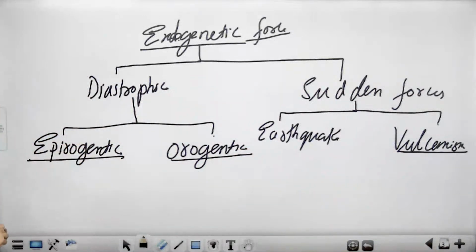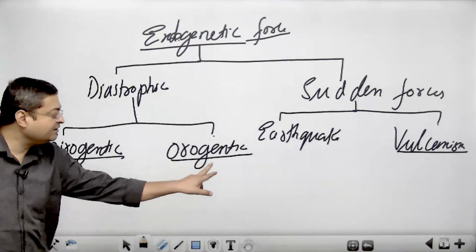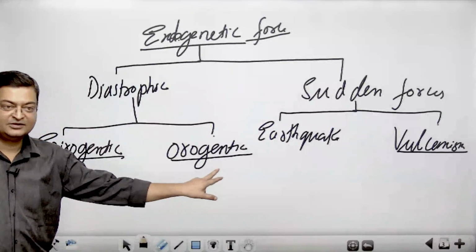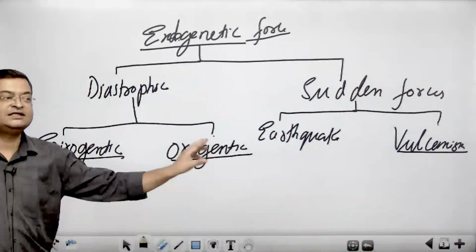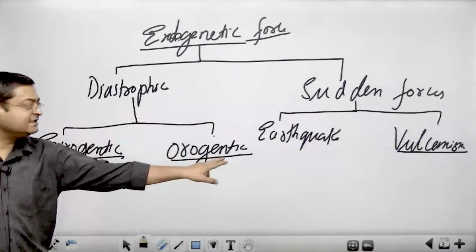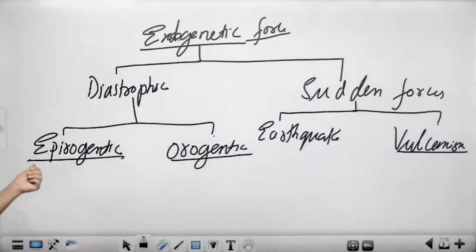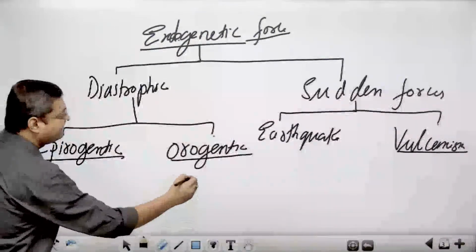Epiro means making up of the continents, moving up of the continents. And remember one term, orogenesis. So oro is basically the mountain building process. So it is the mountain building forces, and these are the forces which lead to the movement of the continents. You can also write it down again.